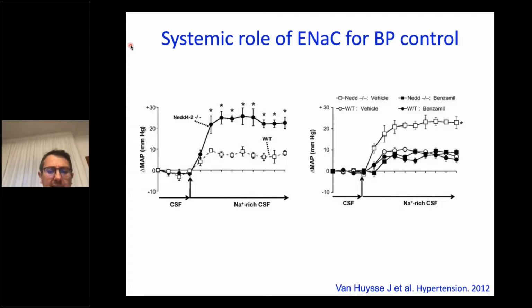And so in this manuscript, in a mouse model with NEDD4 knockout, so they can be considered mimicking Liddle syndrome, you can see that by infusion of high salt in the fourth ventricle in the brain of these mice, the authors registered a very severe increase in blood pressure, and this increase was prevented by the application of benzamil, which is an inhibitor of ENaC.